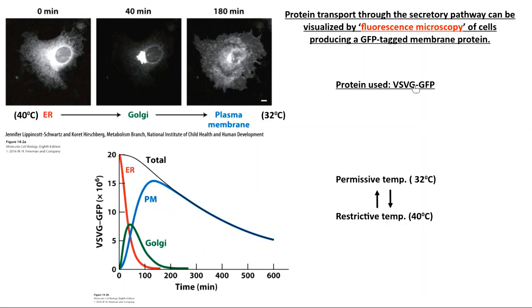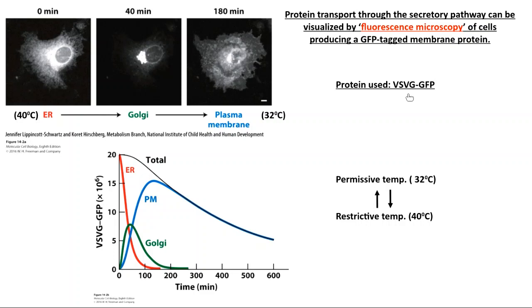It depends, because if we are just looking at the location, then it doesn't really matter whether the tag itself affects the functionality of the protein. But if it is a functional study, then we have to make sure that any kind of tag should not affect the functionality of the protein, in this case VSVG.